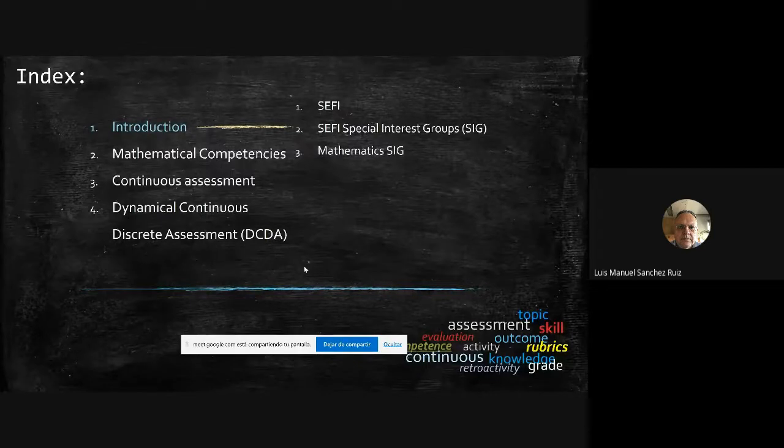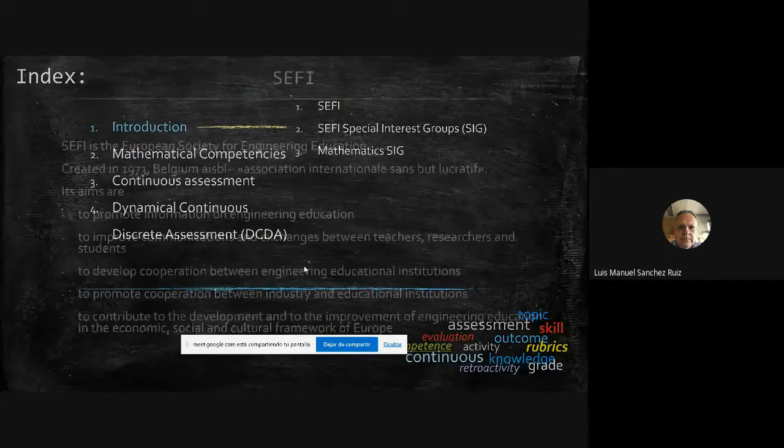Then I move to continuous assessment, which was the main title of the talk, present approaches to continuous assessment. And finally, I will say some words about something that we have been implementing with our space engineers for more than 10 years here at the Technical University of Valencia.